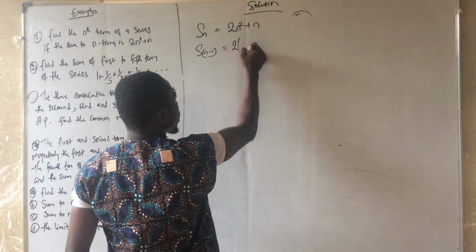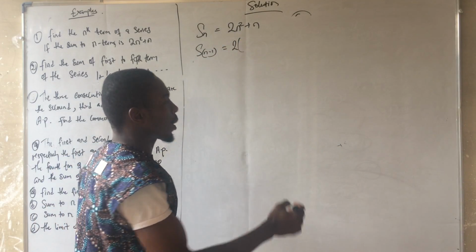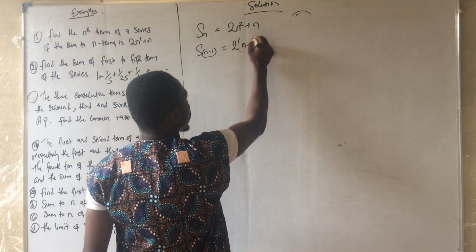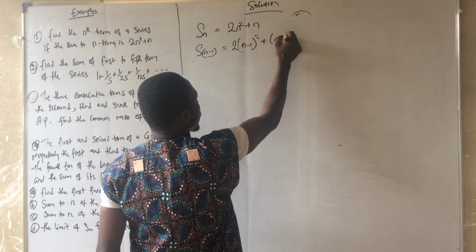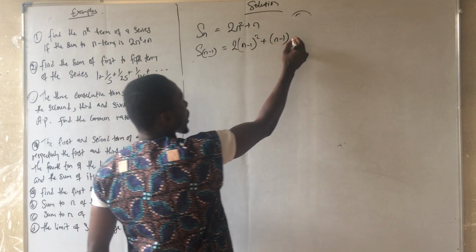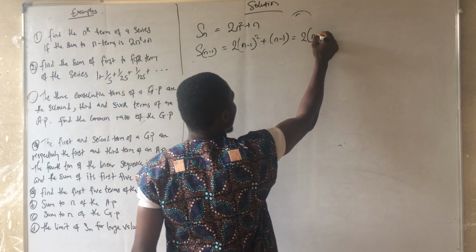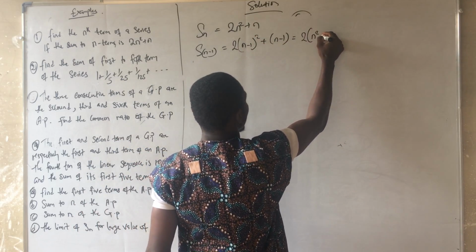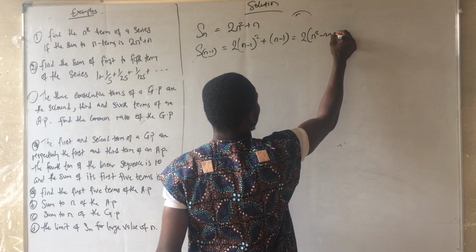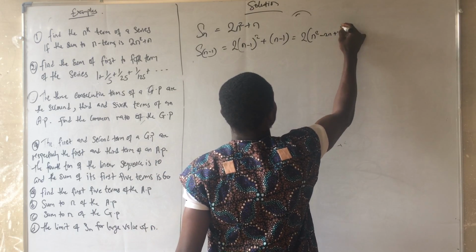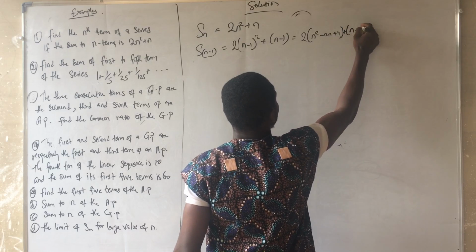So we now have 2. Anywhere we see n, we replace it with n minus 1. 2 times (n minus 1) all squared plus (n minus 1). So now we open this bracket to have 2 times (n squared minus 2n plus 1), then plus n minus 1.